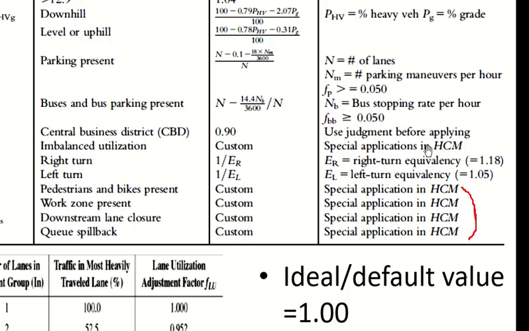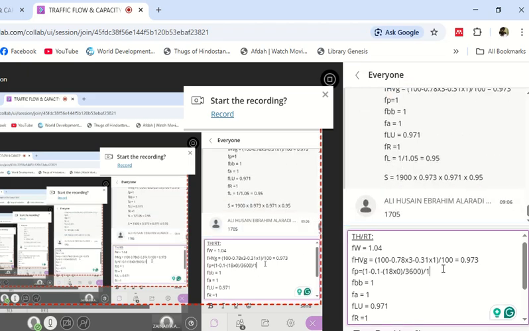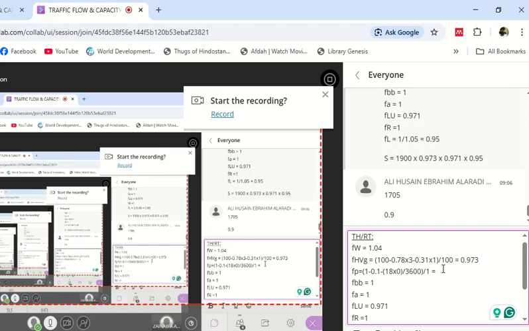But the factor will still be there. So how much is this factor? Okay, 0.9.